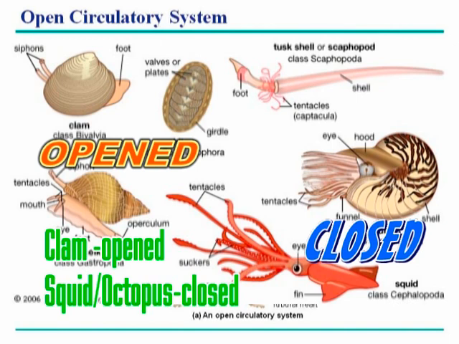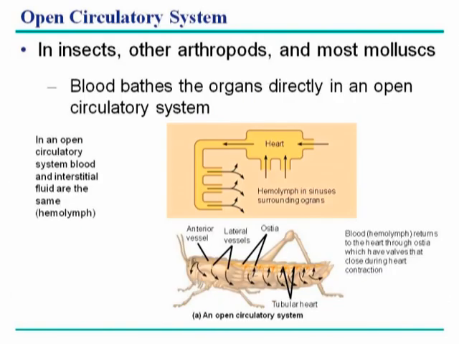In an open circulatory system, the blood passes directly around the organs. Blood and interstitial fluid are the same, and we call it hemolymph.